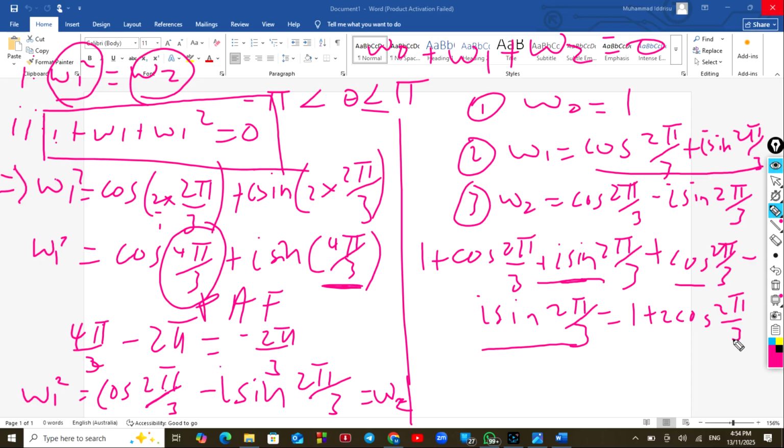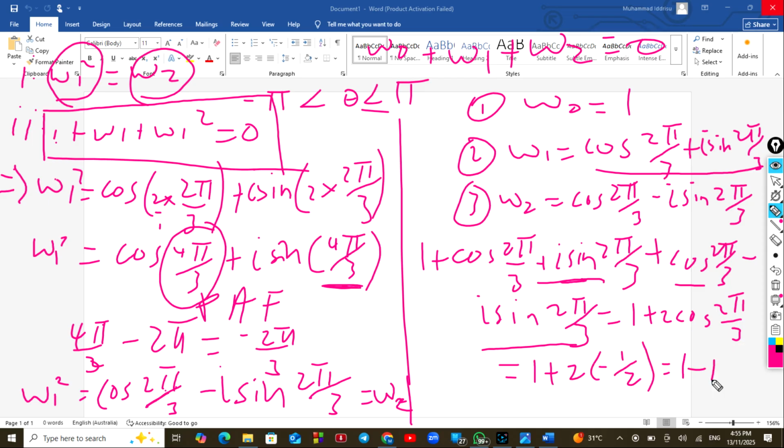If you change your calculator into radian mode and press cos 2 pi over 3, you'll get negative half. So you have 1 plus 2 multiplied by minus 1 over 2, which is 1 minus 1, equal to 0.